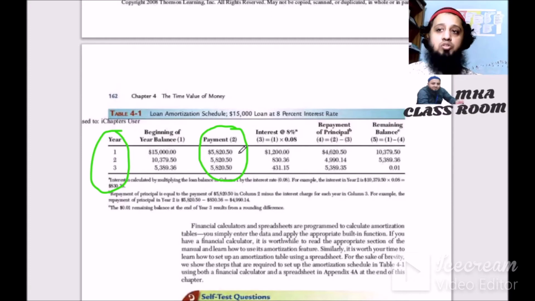And what interest have we paid? That is the beginning balance times our interest rate, 8%.